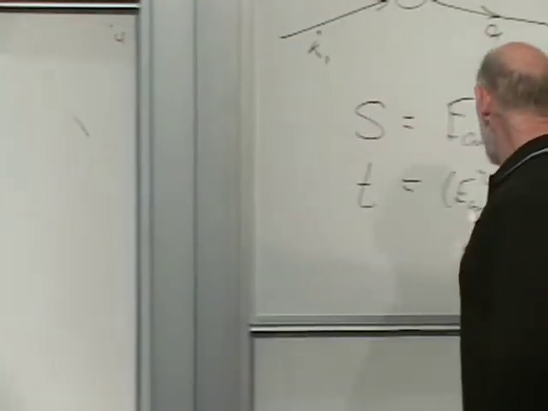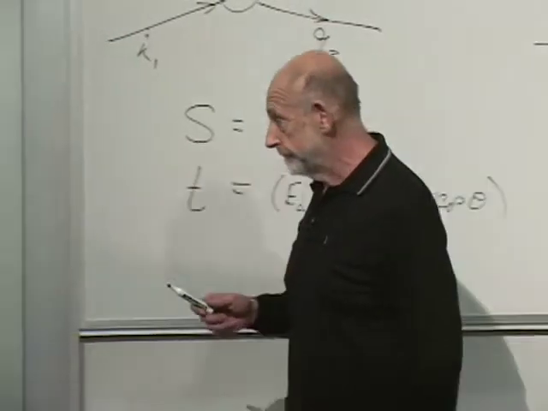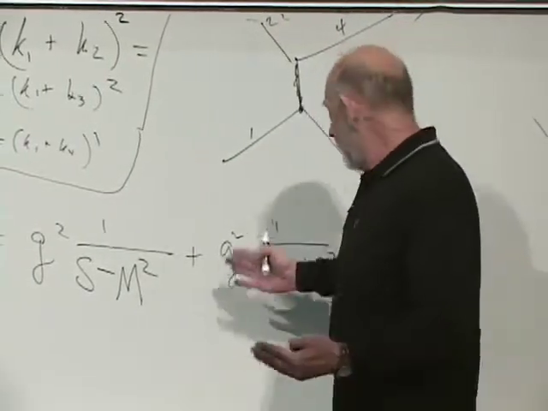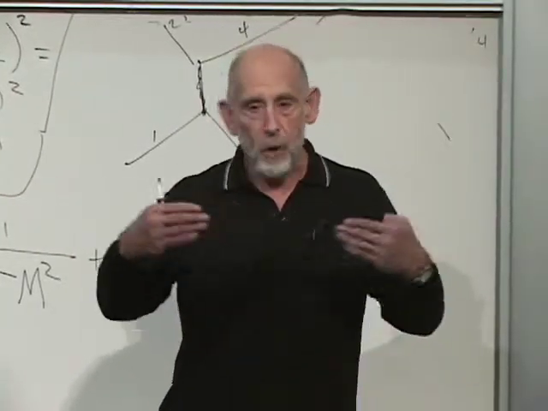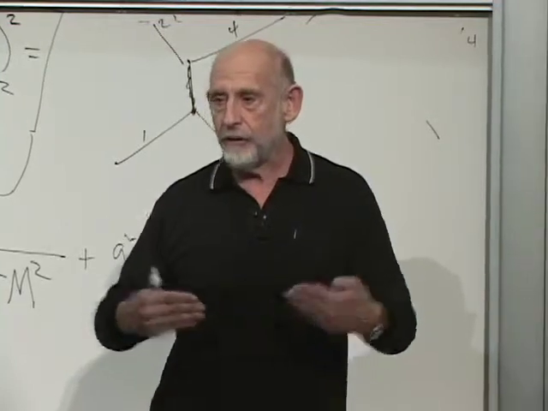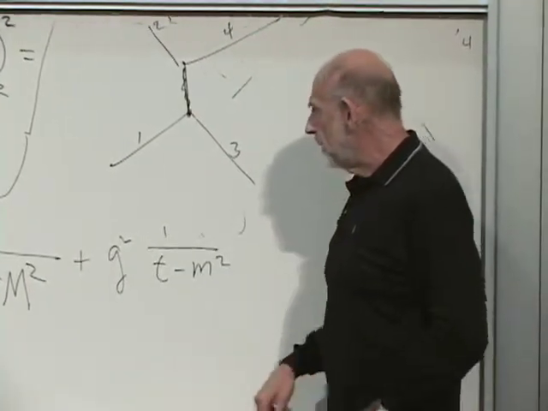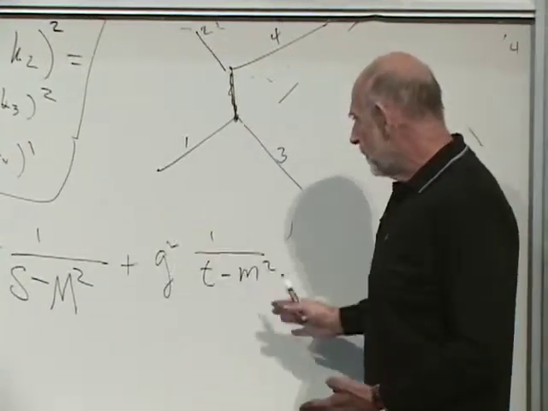This one is different. It depends on the energy, but also on the angle of scattering. This is the one that depends on the angle of scattering, and if you work it out, it's easy to see that it favors small angle scattering. This favors large angles. But notice how similar the two expressions are.